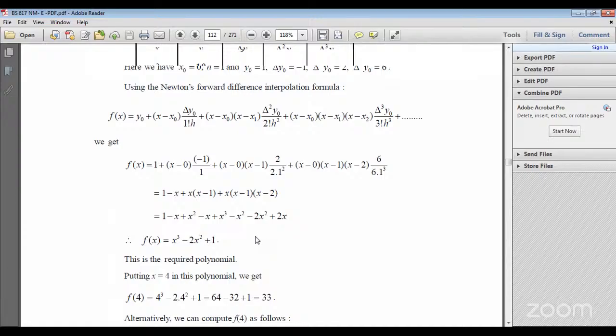So therefore, 1 minus x minus 1 minus x plus x square, 1 minus 1 minus 1 minus 1. 1 minus x is 1 minus x plus x square minus x plus x2 minus x square minus 2 plus x.